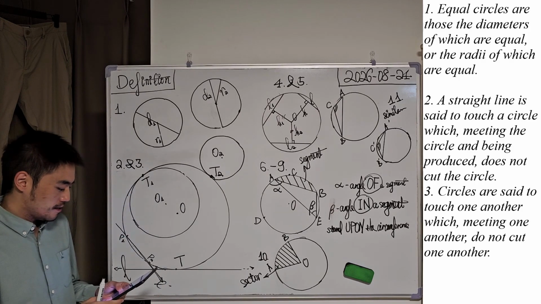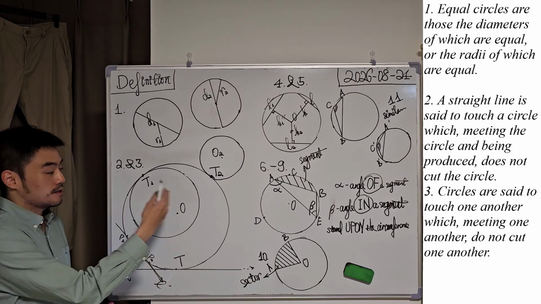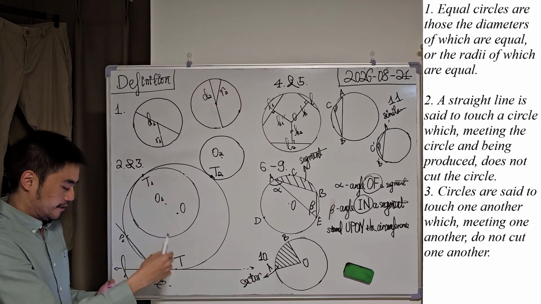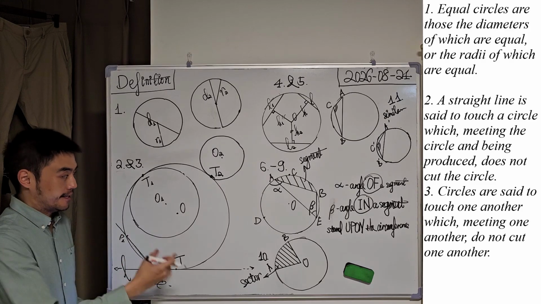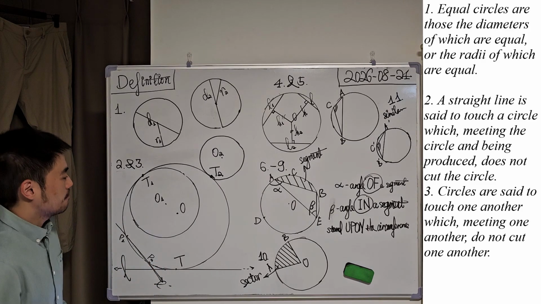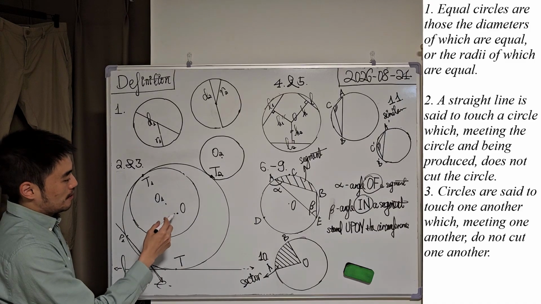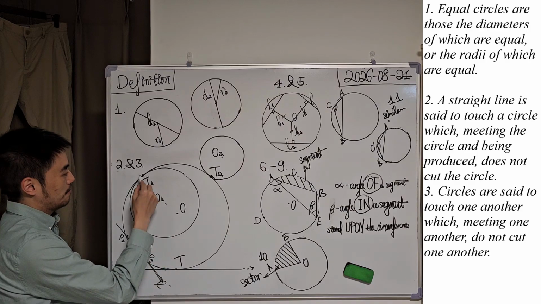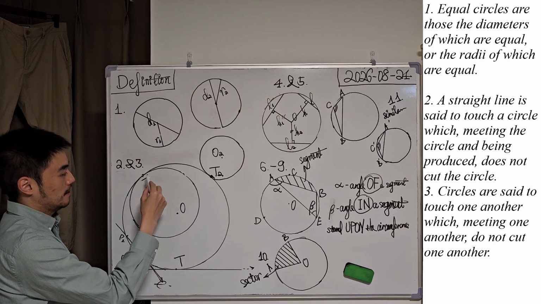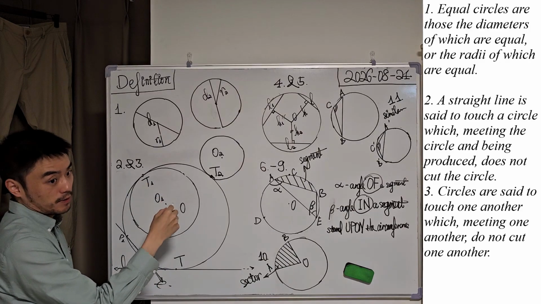And definition 3 says that circles are said to touch one another which meet one another but do not cut one another. So, for example, circle O1 and circle O are touching at point T. They have only one touching point, and they do not cut one another.